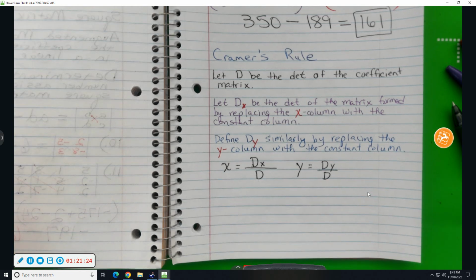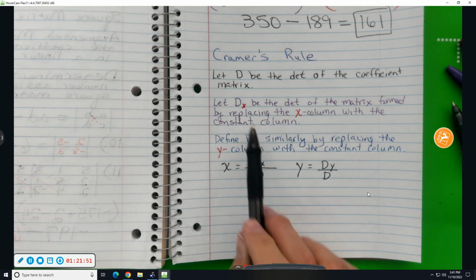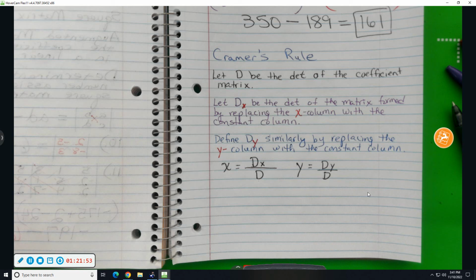Then we will replace the x column with the two constants, do the crisscross, that gives you d sub x, then replace the y column. Whatever the subscript is, that's the column that you're replacing with the constants.